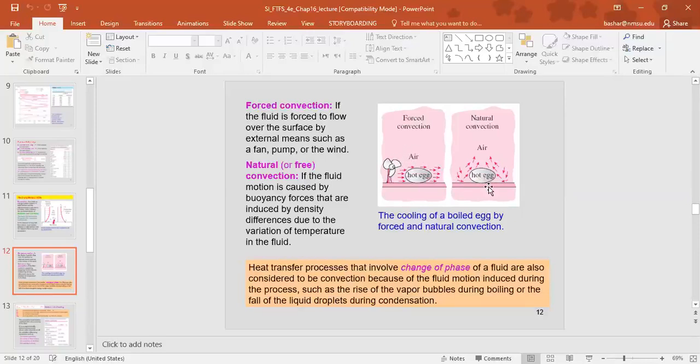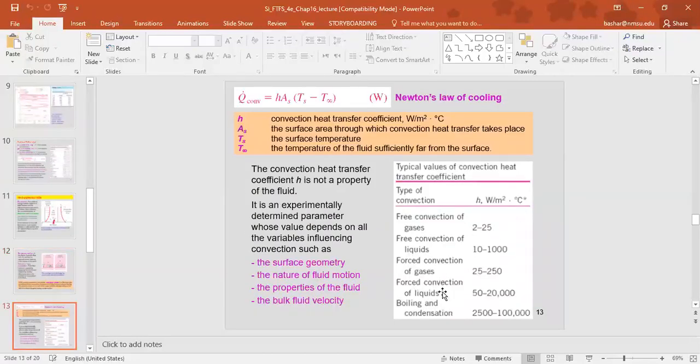While here, if we leave the hot egg alone and let it cool down by simply free convection, the hot fluid will go up and be replaced by colder fluid due to the density variation that results from the temperature differences. Heat transfer processes that involve change of phase are considered boiling and condensation, which are also considered part of the convection regime.